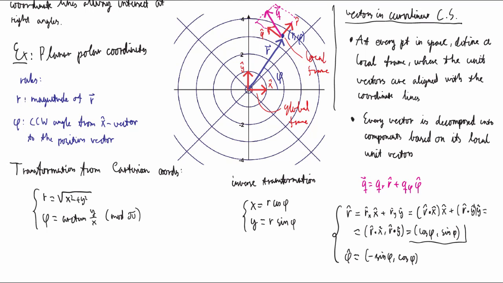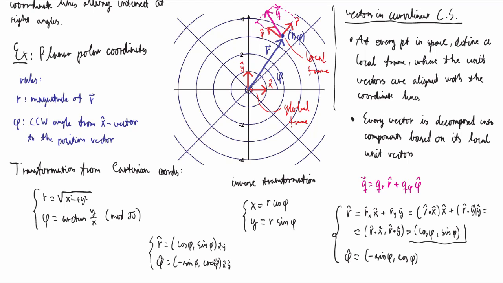First, though, I'm just going to ask you a question. This is something that we'll do with some regularity in these videos, and then we'll discuss it later in class. Let me just rewrite these expressions for r hat and phi hat, and then I'll ask you the specific question. So we have, like I said, that r hat is cosine phi, sine phi in the x hat, y hat frame, and phi hat equals minus sine phi, cosine phi in the x hat, y hat frame.